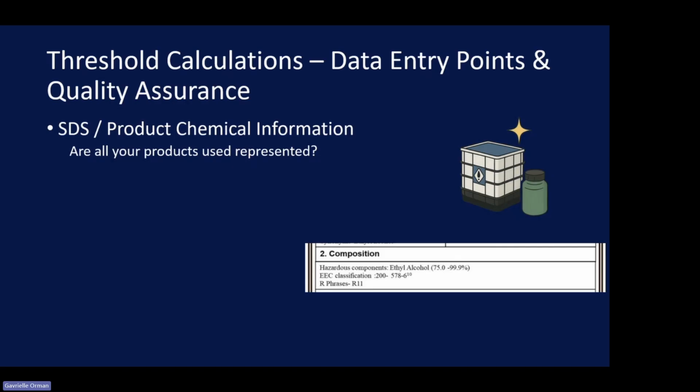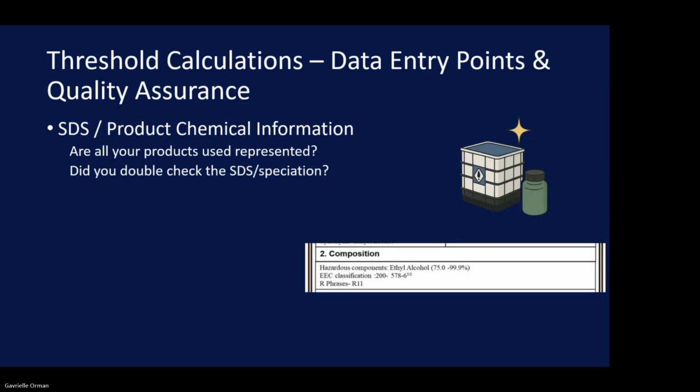Now, if your facility is subject to Tier 2, you probably have a lot of this information already pulled, and so rely on that. If you have a Tier 2 chemical inventory, if you have an HMIS chemical inventory, you can cross-pull information. Just make sure that that information is coming from an accurate source.